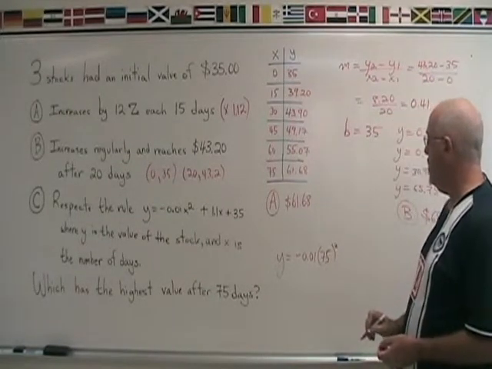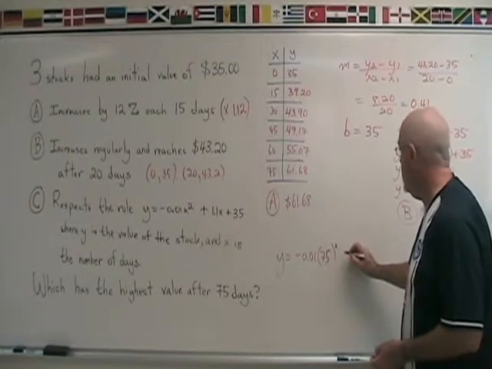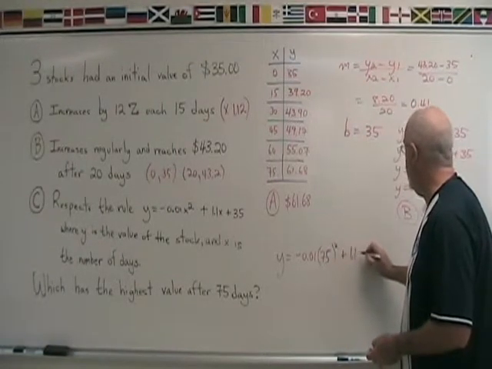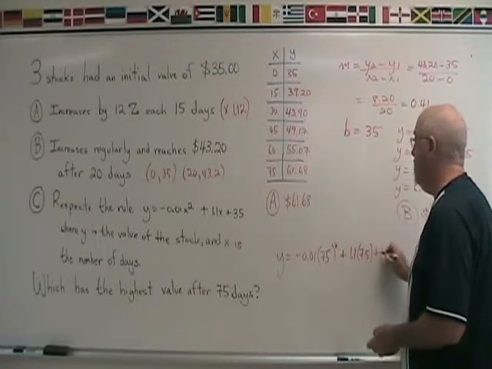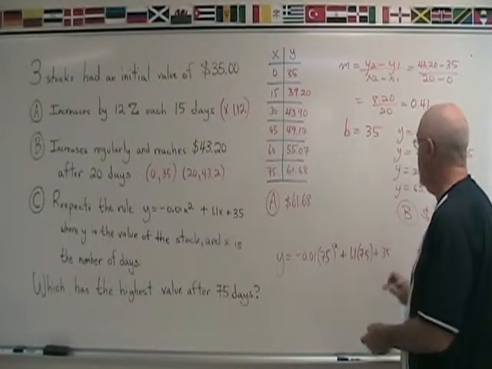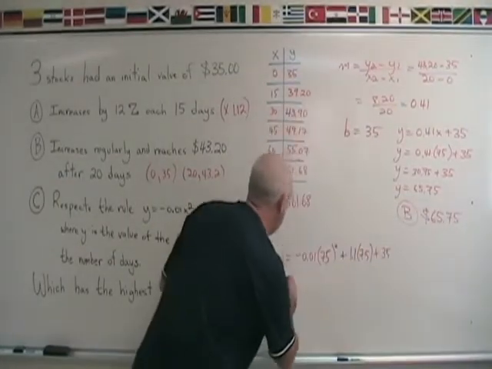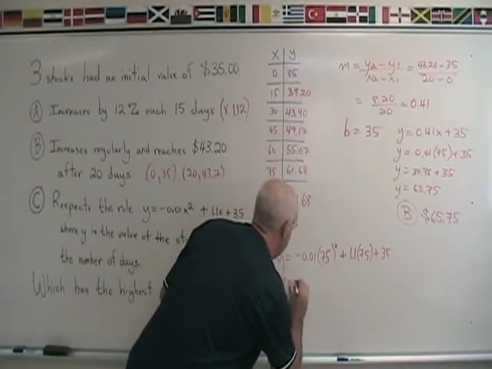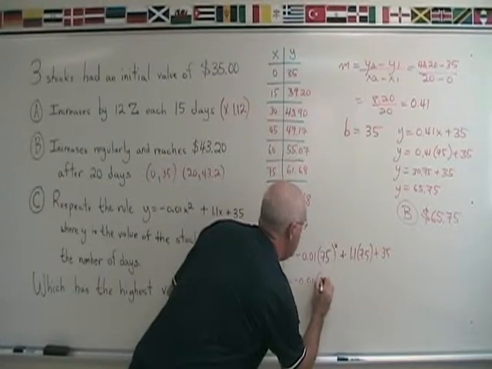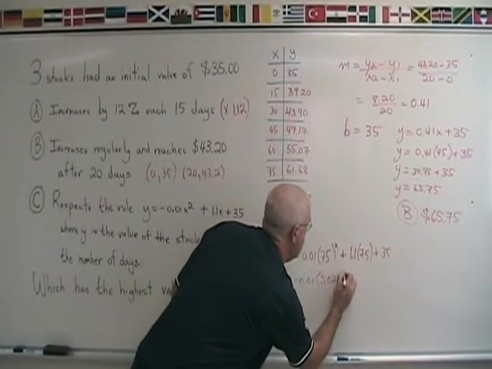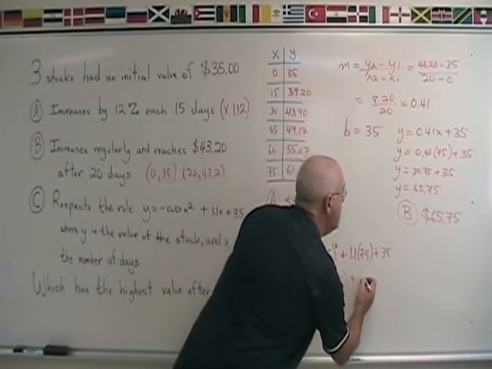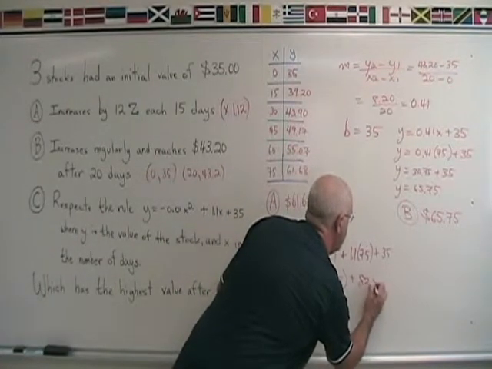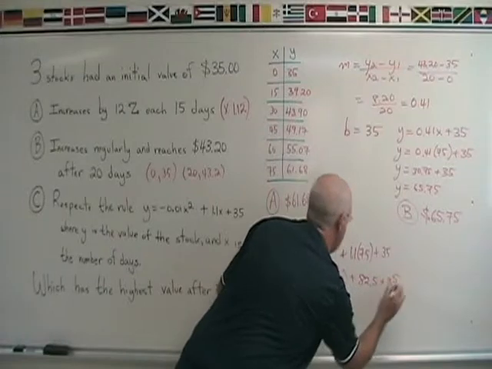So negative 0.01 times 75 squared plus 1.1 times 75 plus 35. 75 squared is 5,625, and 1.1 times 75 is 82.5.